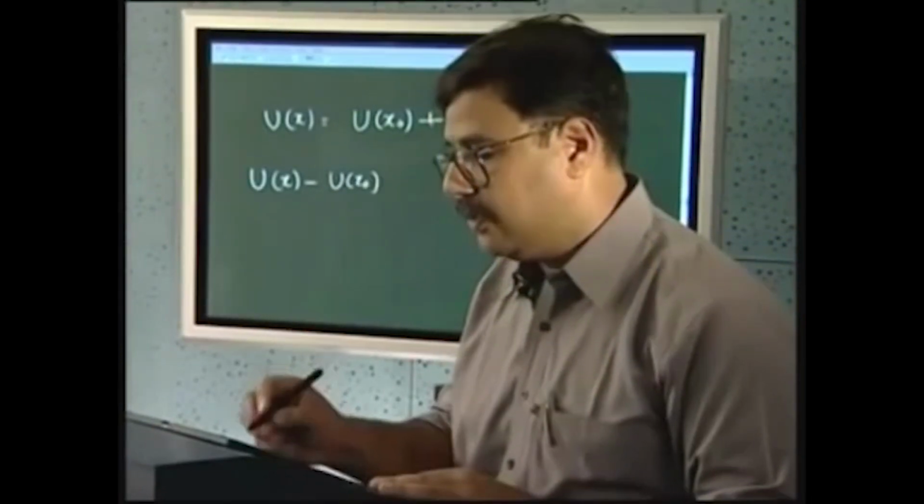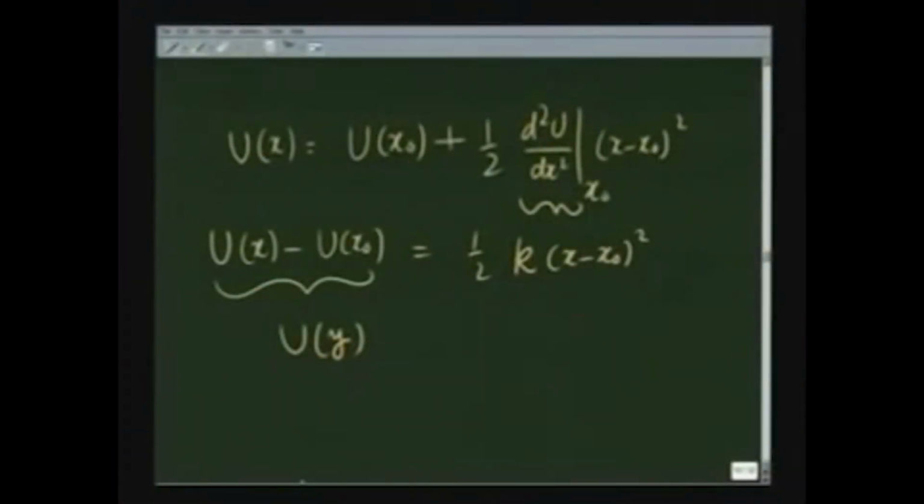Therefore, the difference in the potential energy u(x) minus u(x0) is equal to 1/2 times a quantity which, this being a minimum, is positive. So, let me write this as k (x minus x0) squared for small displacements. If I call this u(y), taking u at x0 to be 0, because as I said earlier, you always define potential energy with respect to a particular point, it is equal to 1/2 k y squared, where y is x minus x0, the displacement from the minimum.